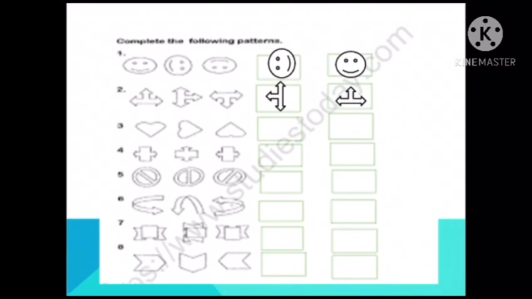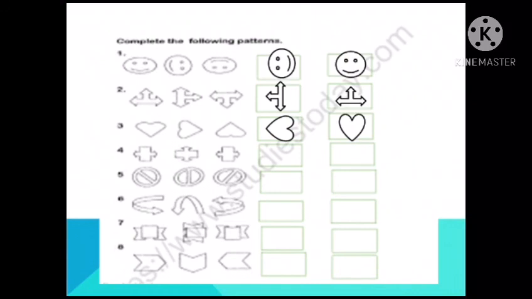Down to right, then up, then it will come to your left and to the right. If you observe it clearly, within 2 or 3 pictures we can find what turn it is, whether it is a quarter turn or a half turn, and whether it is turning right or left. We have to observe like that.